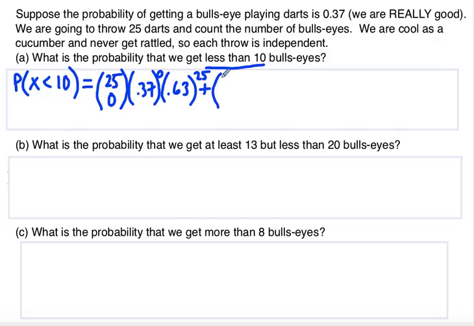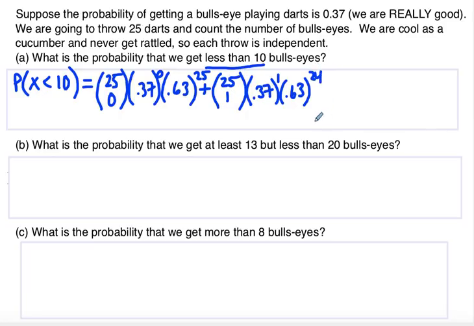The next one would be 25 choose 1. So this is the probability of no bullseyes. This is going to be the probability of 1 bullseye. So it'd be 0.37 to the 1, this exponent matches that bottom number. And then it would be 0.63, and then n minus k, so 25 minus 1.